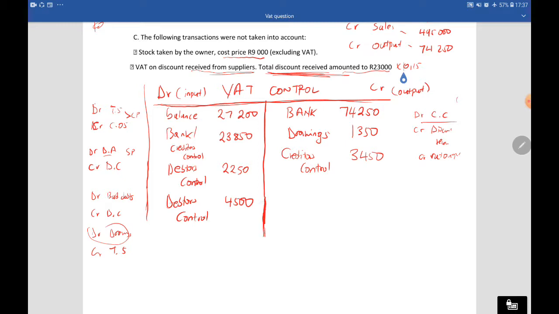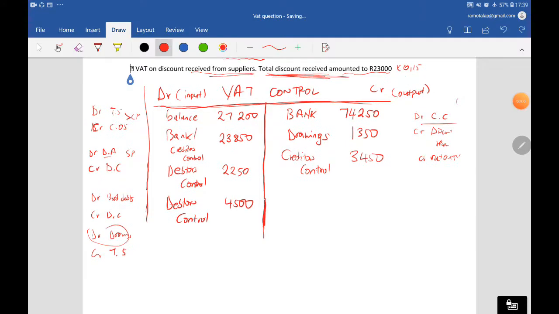Now we need to close off our account. Now let's just add these amounts. It shows that the credit side is more than the debit side. So what it tells us is that we received more VAT than we're supposed to pay. Therefore we're going to owe SARS VAT. Right, we're going to owe SARS money, so it will be VAT payable.